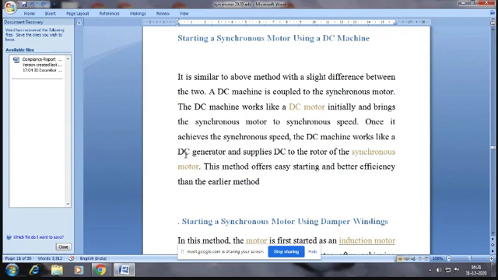And once it rotates the synchronous motor, the synchronous motor would drive the DC machine as a generator, and now it becomes a generator developing voltage. And that can be used to excite the field of the synchronous motor. Yes, sir. Right.